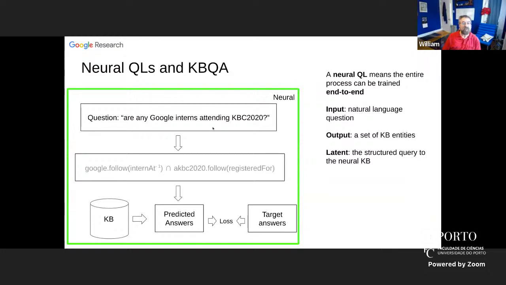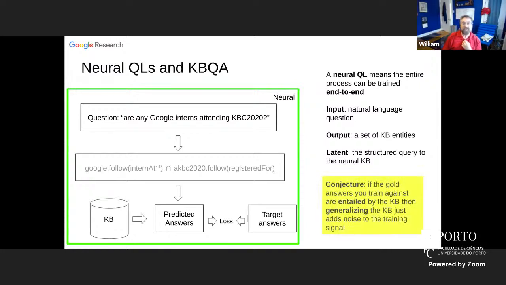So you've got your natural language query, you've got this sort of latent template structure, and you've got your loss. If you had something that generalized a little bit, what would that do? Well, it would somehow generalize the predicted answers. It kind of depends on the data set, but probably that would just surface as noise, so that would make the learning harder.